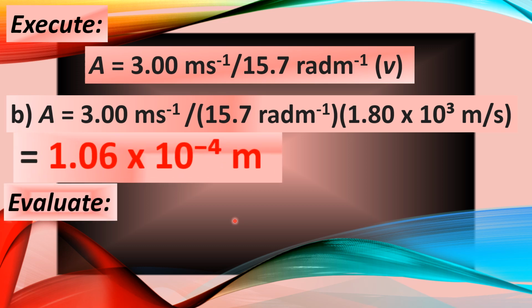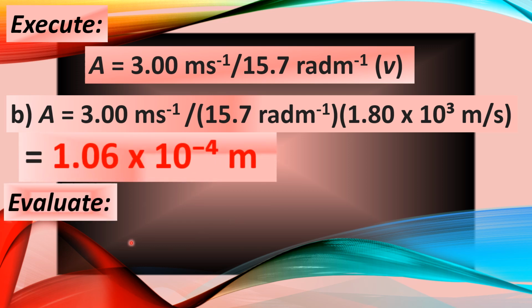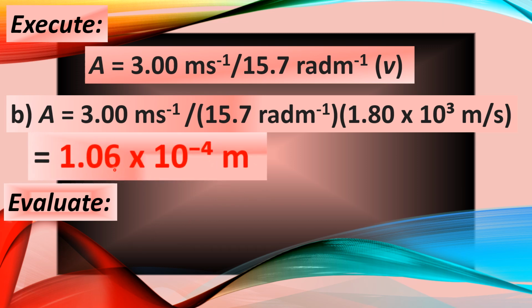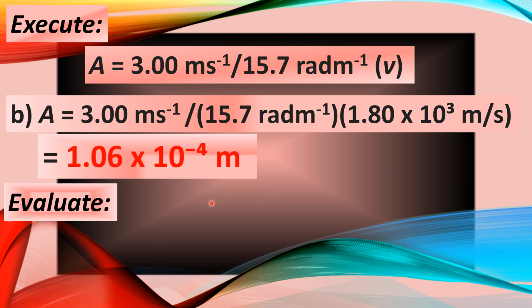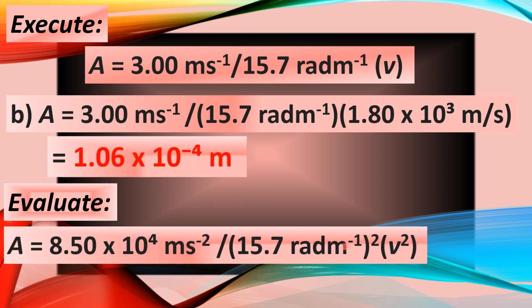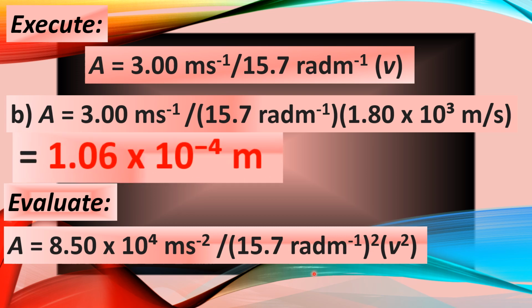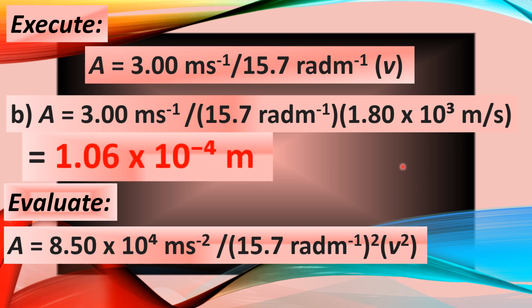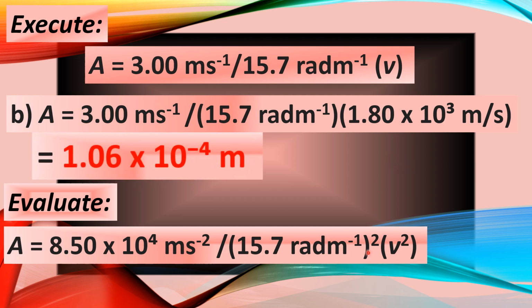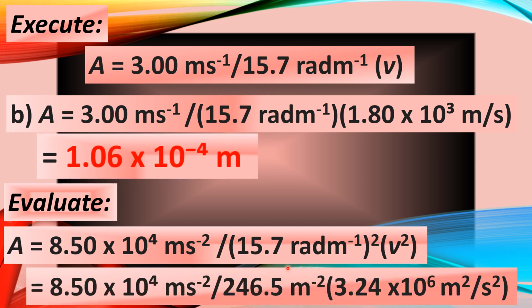Now for our evaluation, we can actually check if our computed amplitude capital A will come out the same by using equation number 2. This is equation number 2. So all we need to do is also substitute the computed value for the speed of the wave propagation, v.